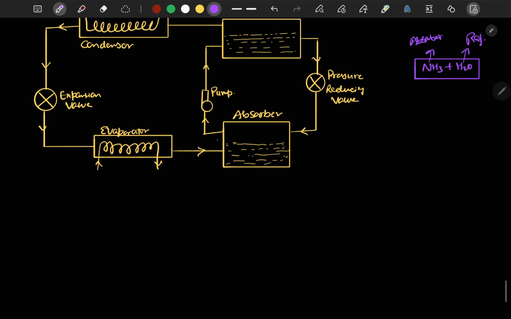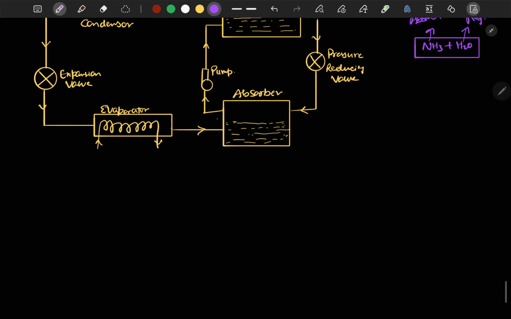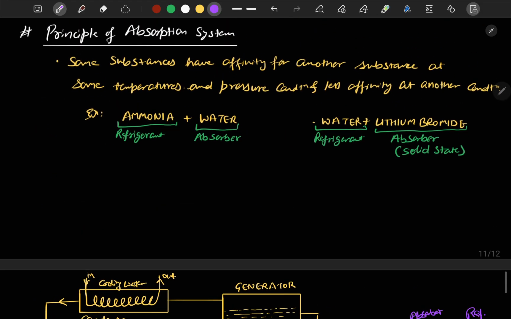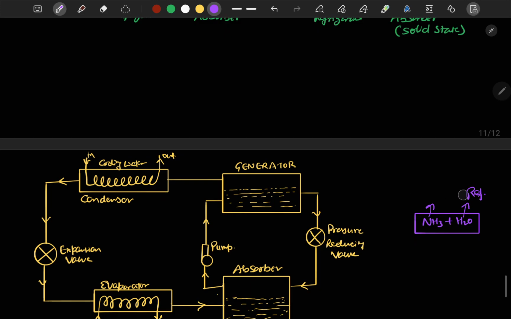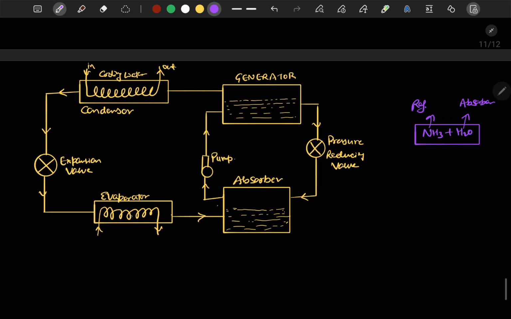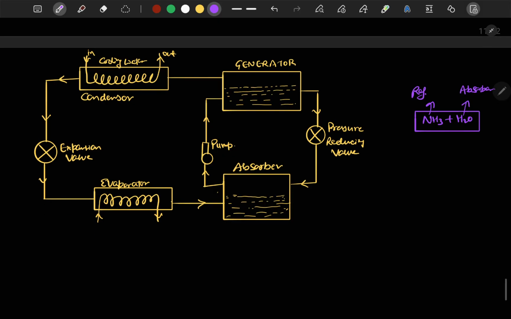Okay. So ammonia is the refrigerant and water is the absorber. Since ammonia is our refrigerant, what happens is that ammonia in the evaporator enters from here as liquid ammonia and H2O.